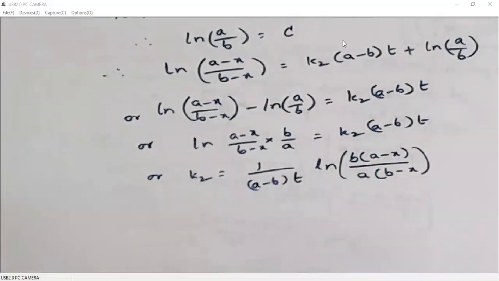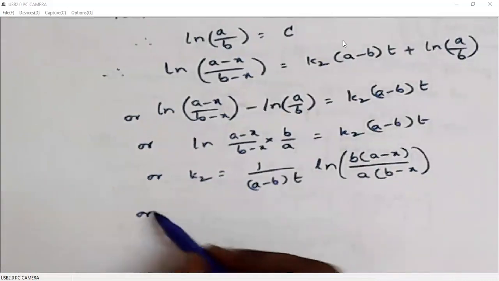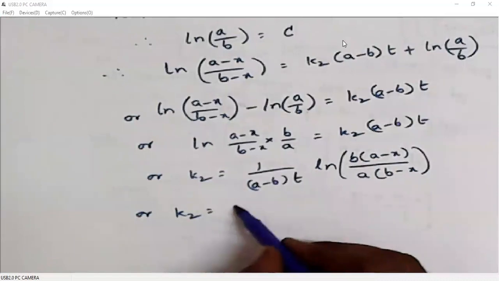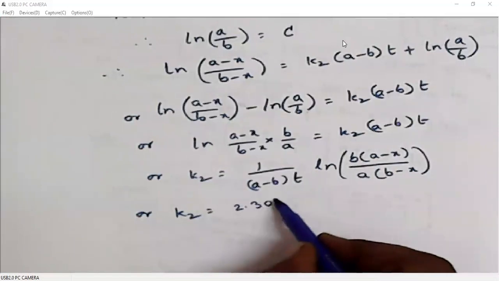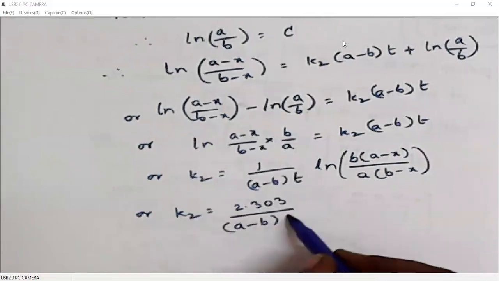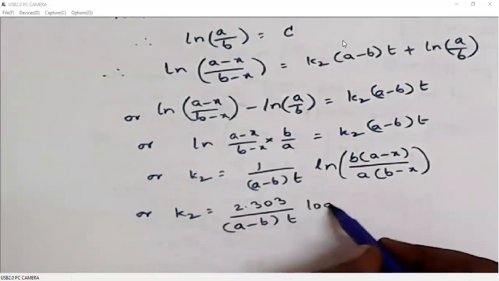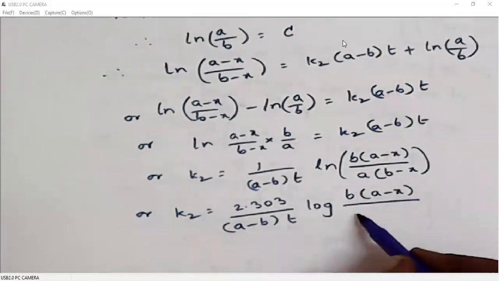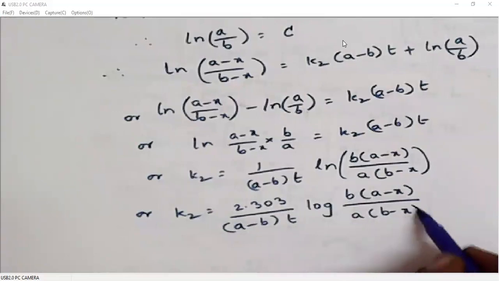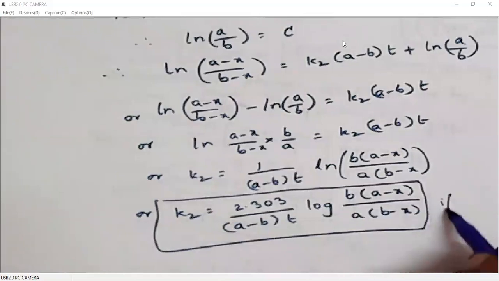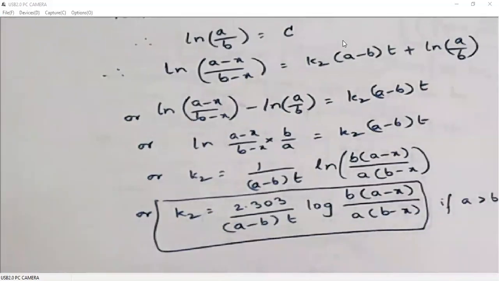So this is the integrated rate expression for a second order reaction. Or we will have log. When we want to replace ln with log, we multiply it with 2.303. So 2.303 by (a minus b) into t into logarithm of b into (a minus x) by a into (b minus x), if a is greater than b.